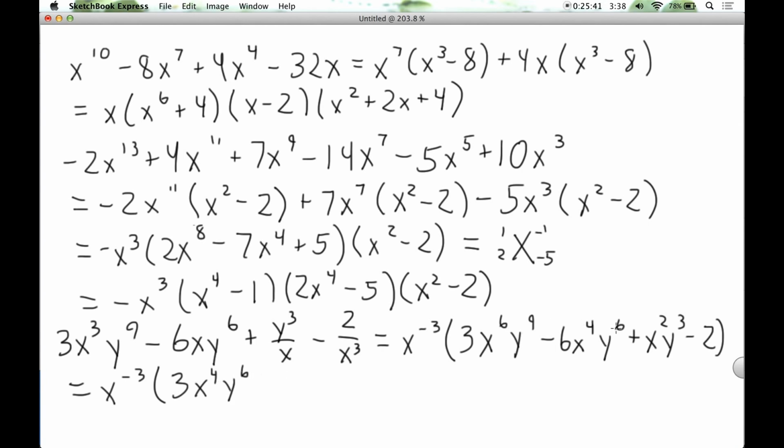It's just the lowest exponent of each. And now we just see what's left. In this term, we're not left with any numbers since we have the 3. We need an x squared to build back the x to the 6th, and then we need a y cubed. And in this term, we already have everything here except that the number is negative 6 instead of 3. So we just need a minus 2 to build back to the negative 6.